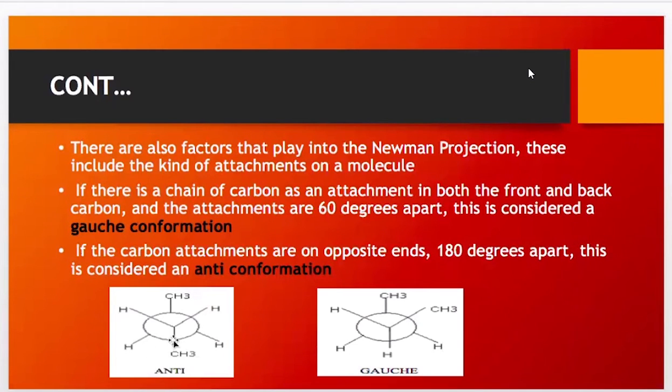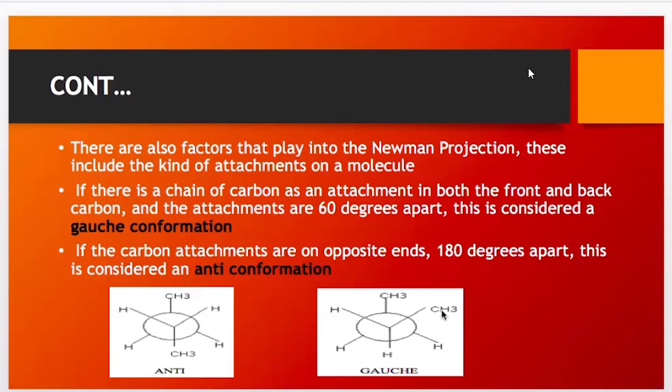Now compare this to the other conformation here, which is the gauche conformation. It's the same molecule, having the same atoms and the same bonds. But now here this CH3 is bonded at an angle.